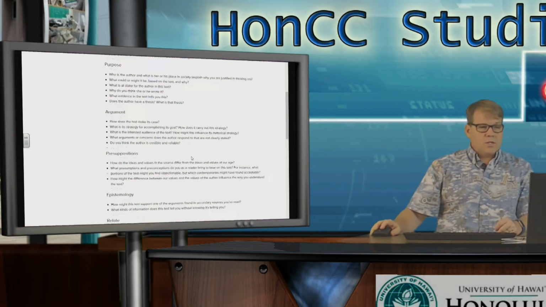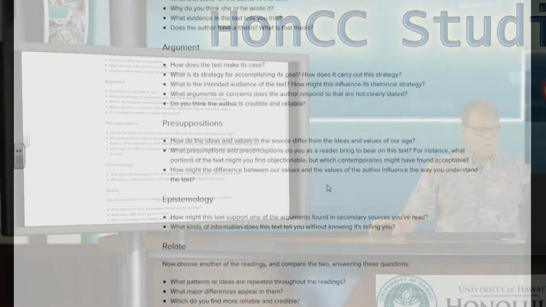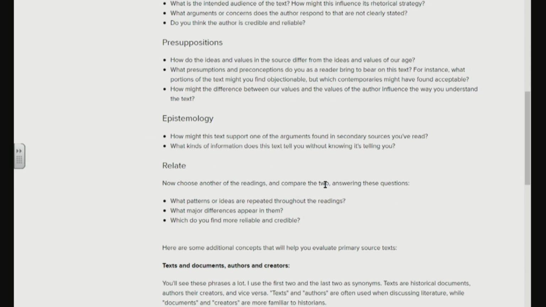You also need to talk about epistemology. So what is epistemology? Epistemology is the philosophy, the science, of figuring out how we know what we know. And when we talk about epistemology with primary sources, we want to find out how a text might support one of the arguments found in secondary sources you've read.